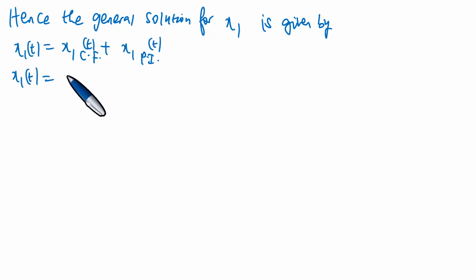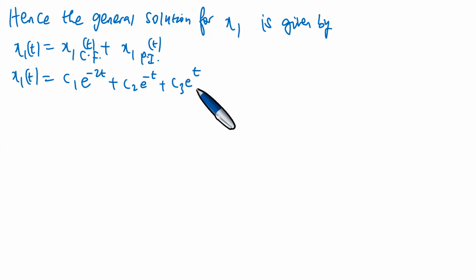Okay, so we remember that this one is c1 e to the minus twice t, c2 e to the minus t, plus c3 e to the t, according to the roots of the auxiliary equation. This is actually the complementary function. And we have seen that the particular integral is twice t minus 2.